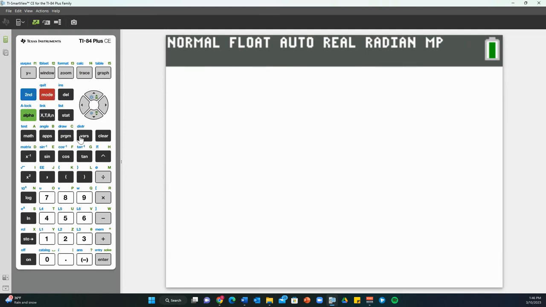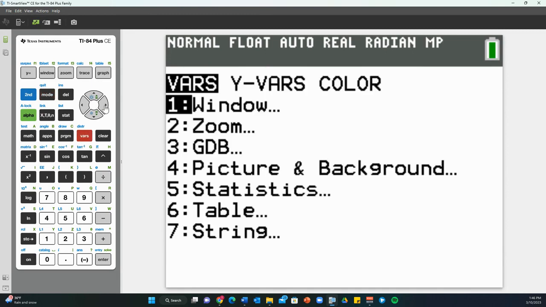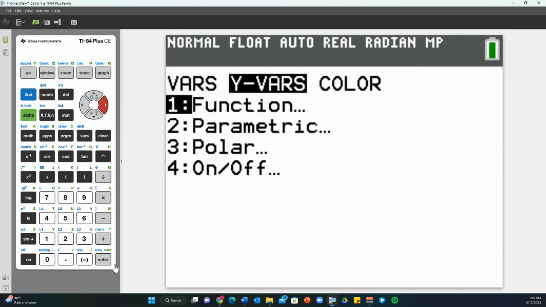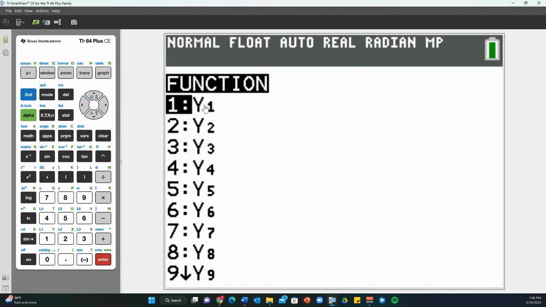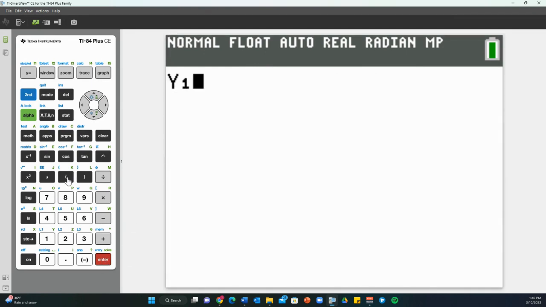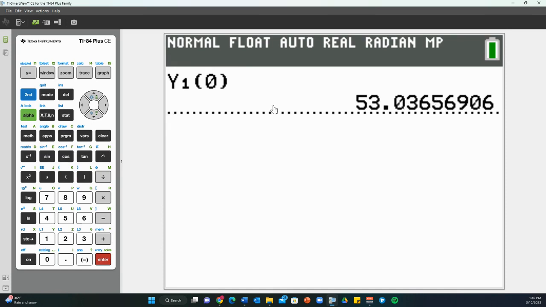Another option is using the variables notation. If I go to the vars menu and over to yvars, and we choose function, and now we put our equation into y1. So if I choose that, and then in parentheses, I can type the number that I want to substitute in right after, and it will evaluate that.